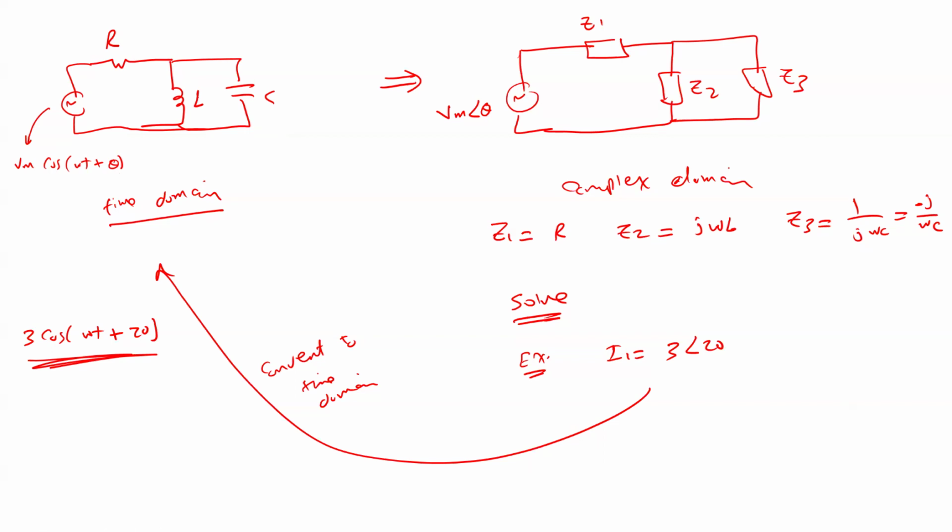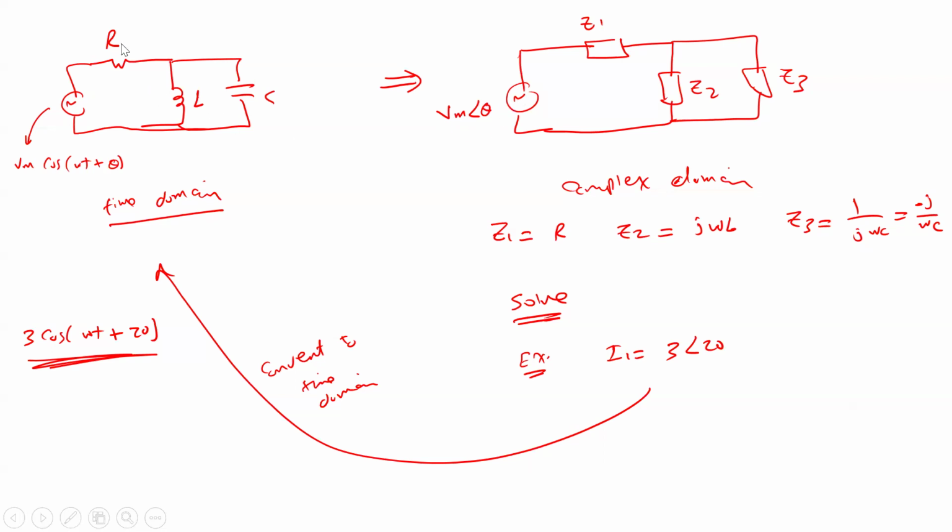What may change is the angle or the amplitude. So if I calculate the voltage here, it will be the same frequency, but the angle or amplitude may be different. That's why a voltage source Vm cosine(omega t plus theta) becomes a complex number this way.